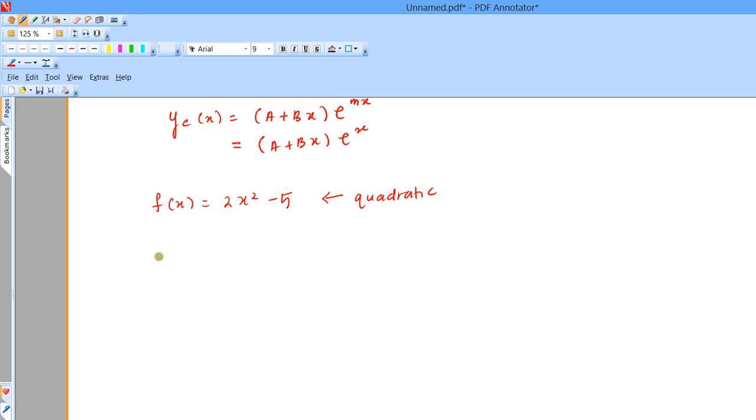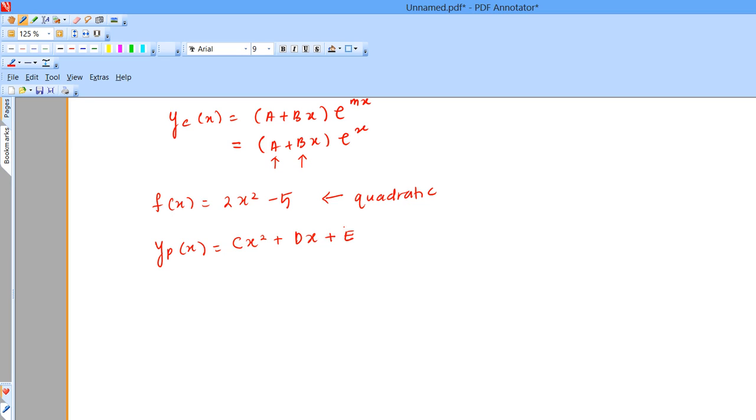So for yp(x), since f(x) is quadratic, you need to write the standard form of quadratic. Since we already use a and b, you can start with c. So the standard form for quadratic is cx² + dx + e.